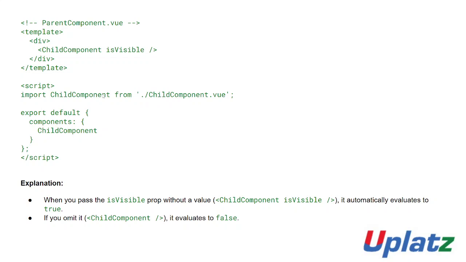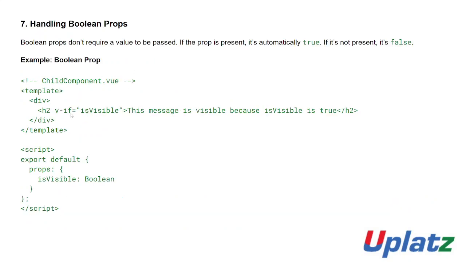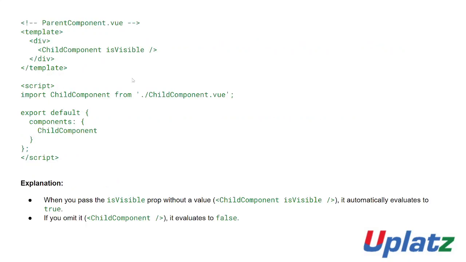The name is there, then it is closed, and the second bracket is closed. Then the script tag is also closed. So in this way, isVisible means isVisible is equal to true. So v-if shows here, this message is visible because isVisible is true. It is not needed to write true here.